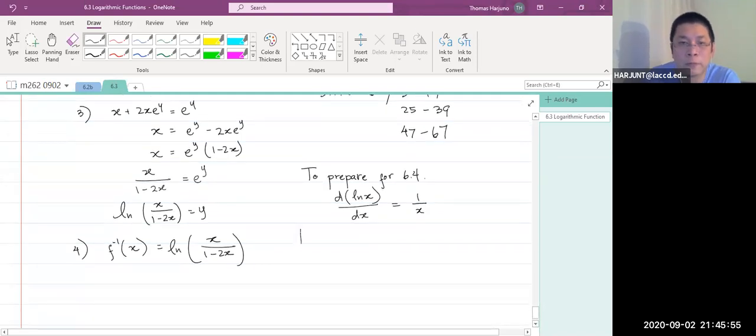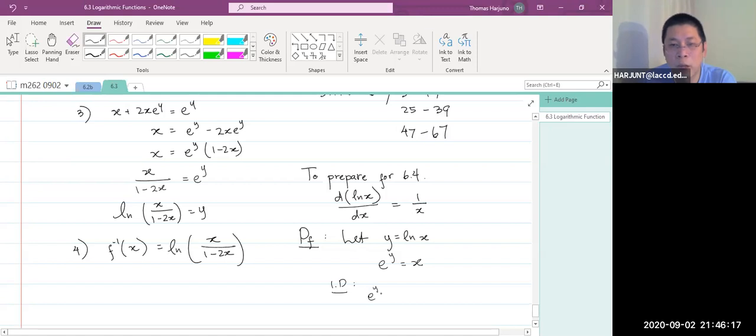Proof. Let y equals natural log of x. So e to the y equals x. Now apply implicit differentiation. We will get e to the y times y prime equals 1.